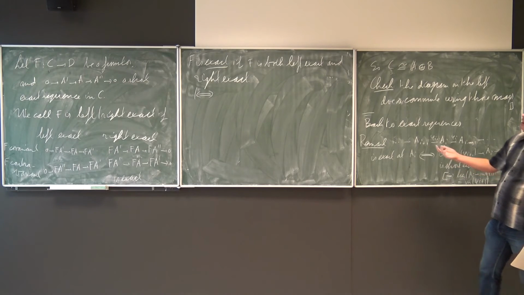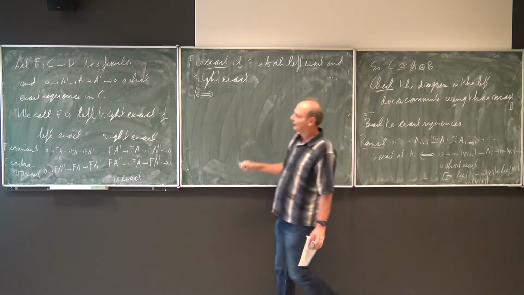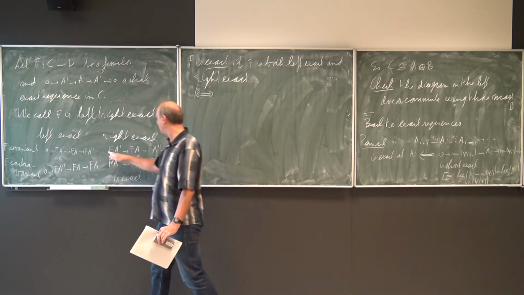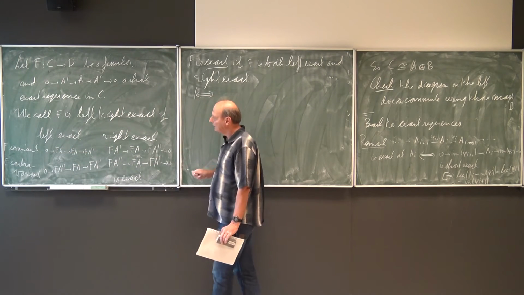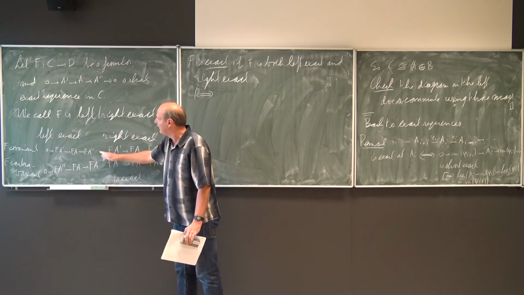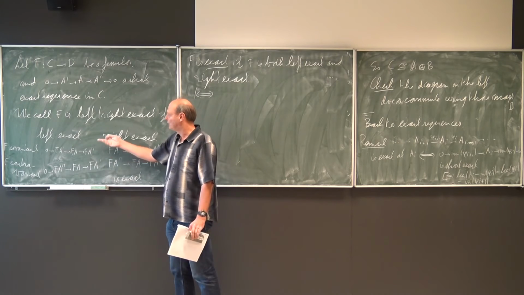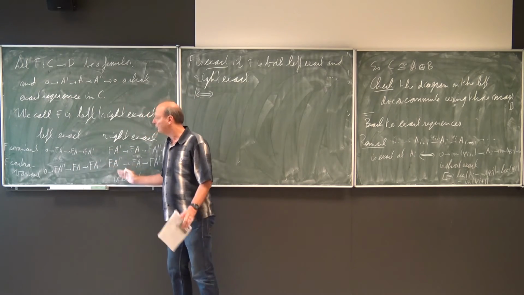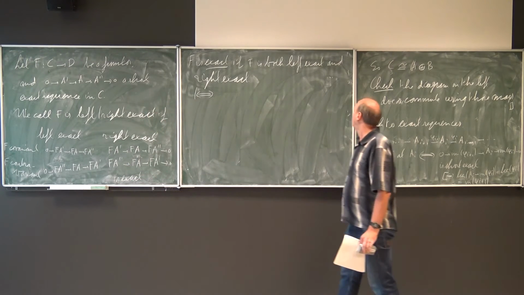That means that if it's both left exact and right exact, for example, if it's covariant, then this will be exact because it's left exact, and this will be exact. That means that if I simply put this surjection to 0 here, then I get exact. So it transforms a short exact sequence into a short exact sequence. And the same thing with contravariant, but the arrows have been reversed.